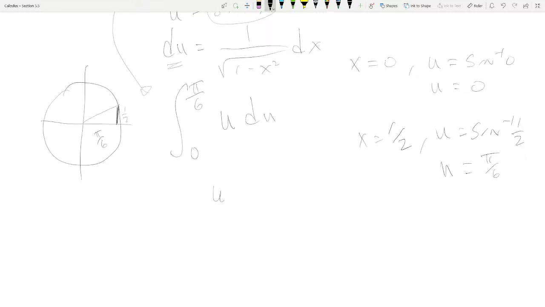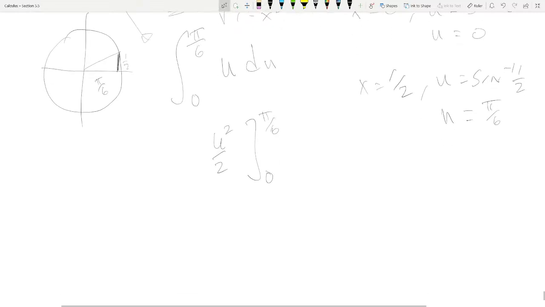The antiderivative is u squared over 2. We're going to evaluate that from 0 to pi over 6. When I put in pi over 6, I get pi over 6 squared over 2. We can do a little housekeeping: we get pi squared over 36, all over 2.